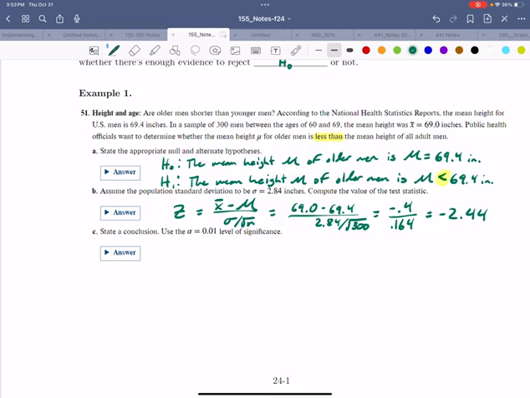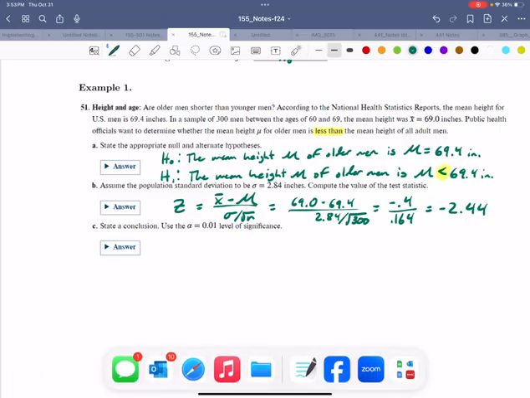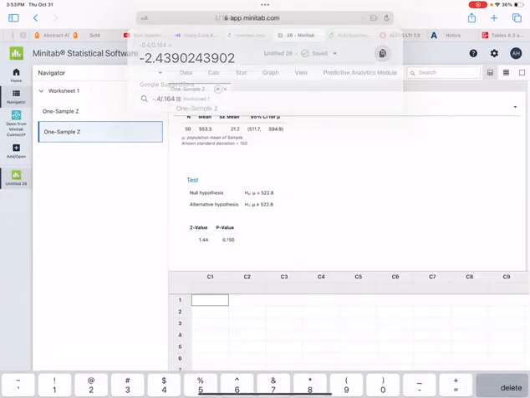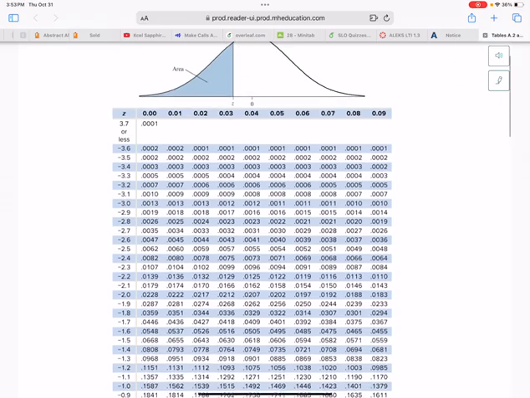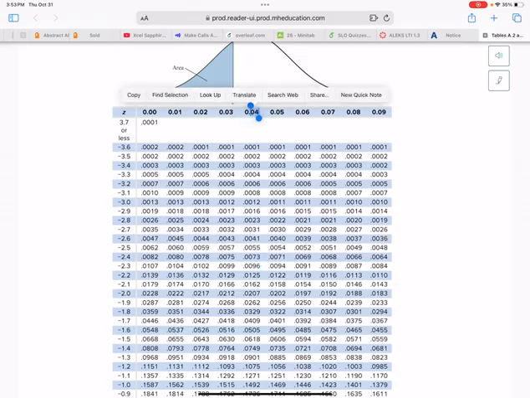So at this point, let's just do this old school using the book, and then we can use Minitab just to confirm. And we're going to state a conclusion. Let's see what we've got here. Remember, our z-score is negative 2.44. You see why I'm using this? Because there's a 0.04 right here.